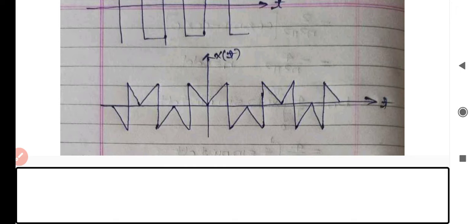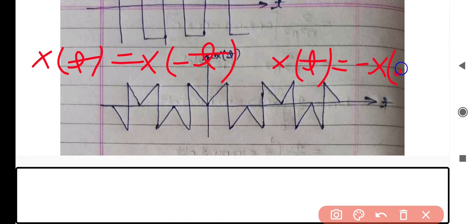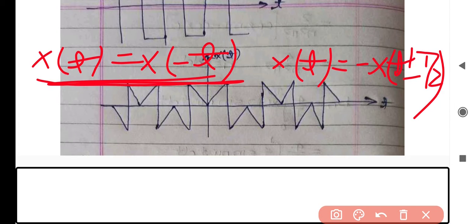In this signal, it will follow x(t) is equal to x(minus t), and also it will follow x(t) is equal to minus x(t plus or minus T/2). So this signal has quarter wave symmetry because it has even symmetry with half wave symmetry.